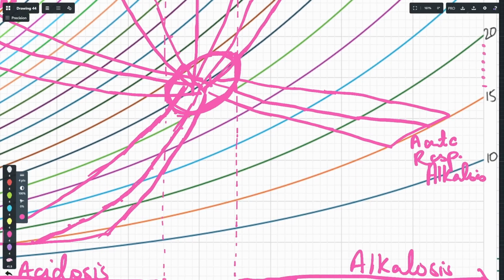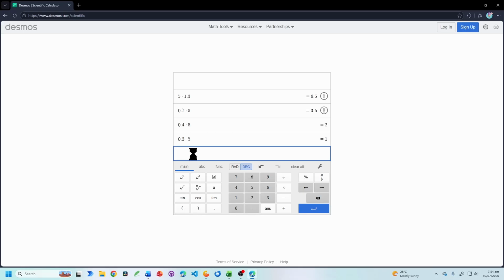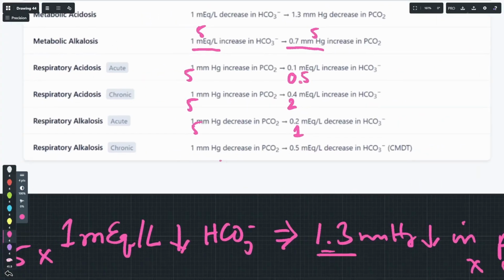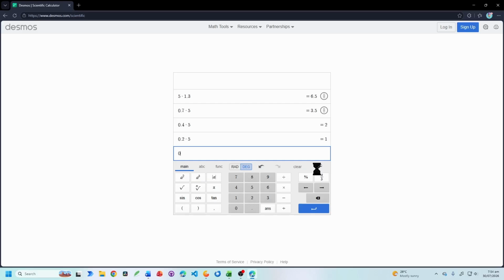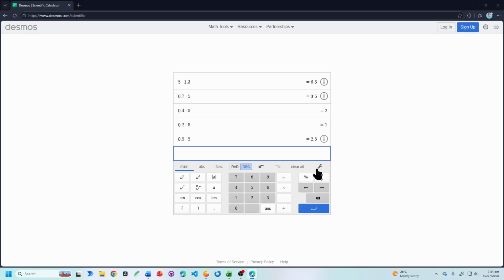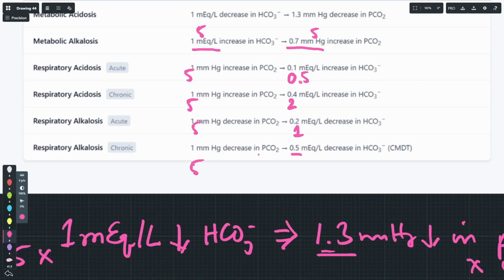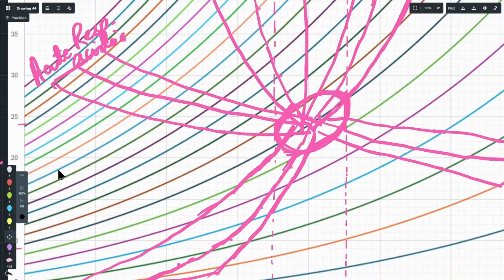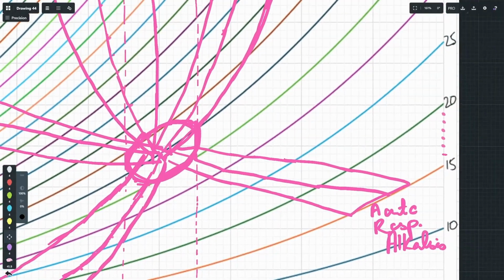How about chronic? For chronic, we have this formula: 1 mmHg decrease in PCO2 is equal to 0.5 milliequivalent decrease in HCO3. We can multiply 0.5 by 5, so that would be 5 here and 2.5. So we need 2.5 here.